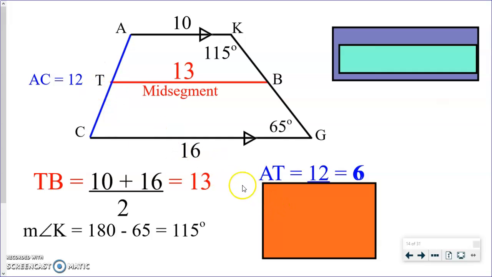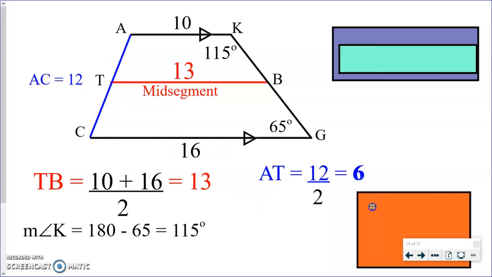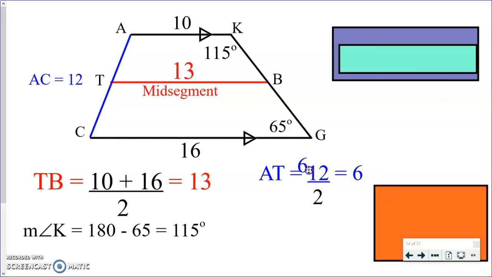Since we know that AC is 12, and this is the mid-segment, it means it splits this into two equal parts. So AT and TC are both 6.